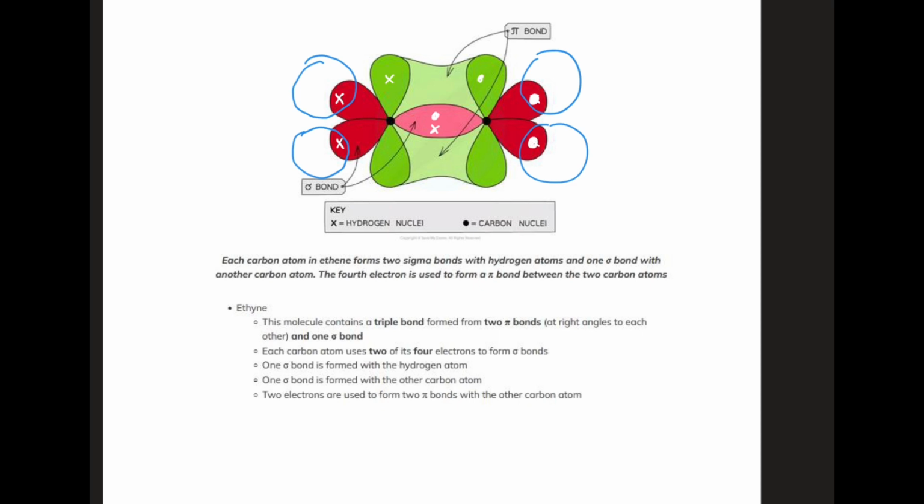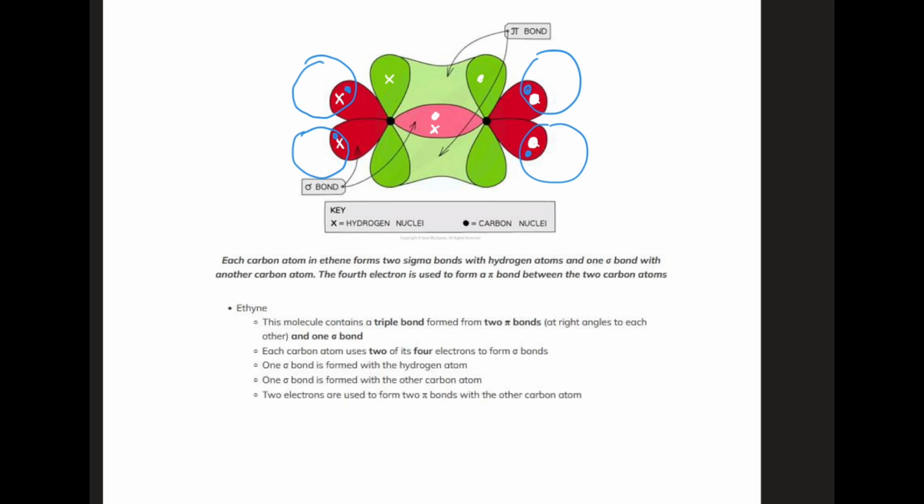And then the other one is here, let's say. And then the carbons have their own hydrogens, you know, C2H4, right? So this is the hydrogen. So hydrogen has an electron also. So here, here, here, and here.